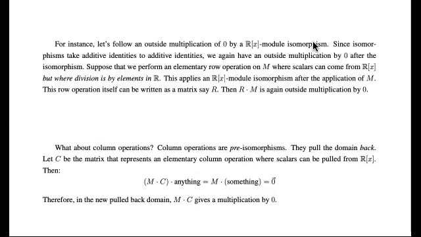Oftentimes an isomorphism that happens afterwards we can represent with row operations, and before with column operations. In this case, we have our scalars not in the field R, but in polynomial land. So we can do row operations and column operations in here, and everything behaves as isomorphisms.